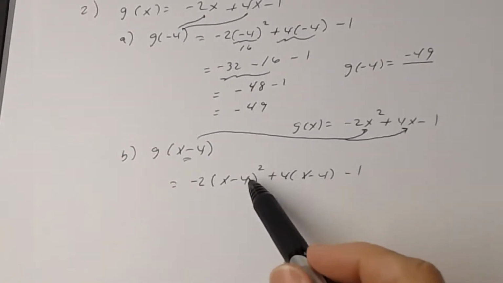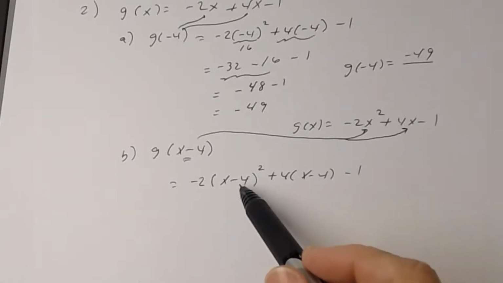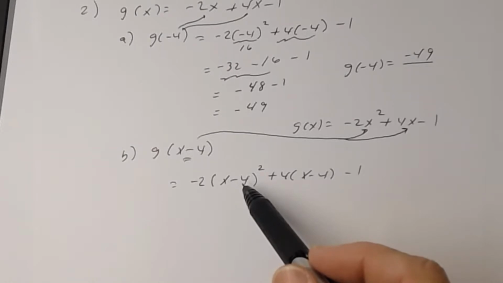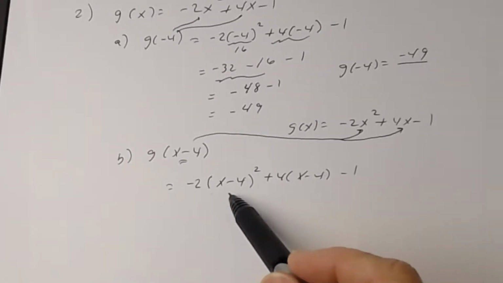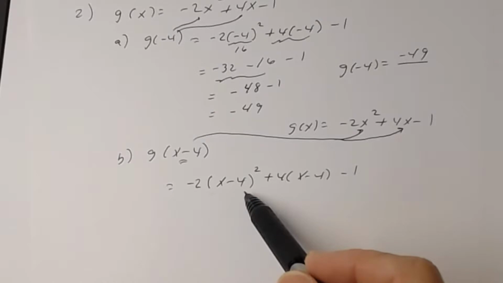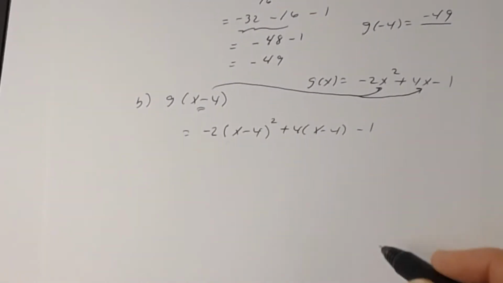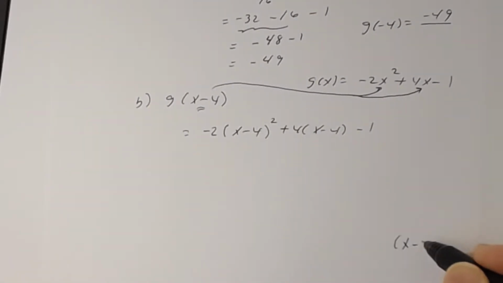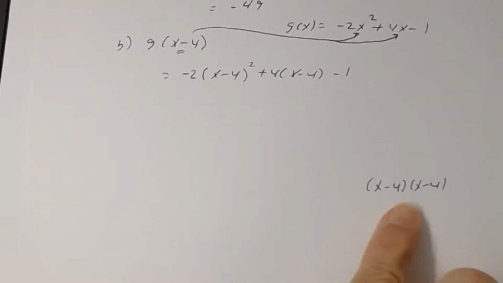So do the exponent first. This means x minus 4 times x minus 4. You have to go off to the side and figure out what that is. How do you do that? FOIL.